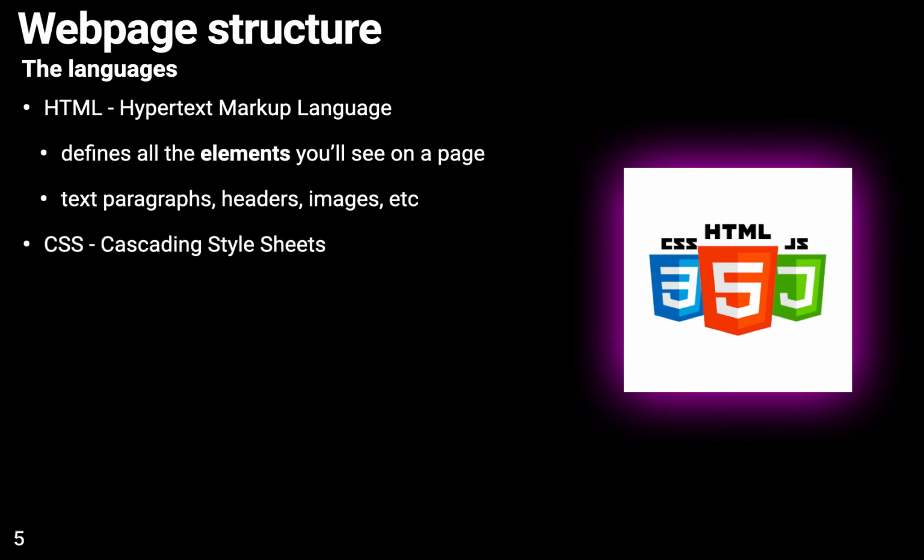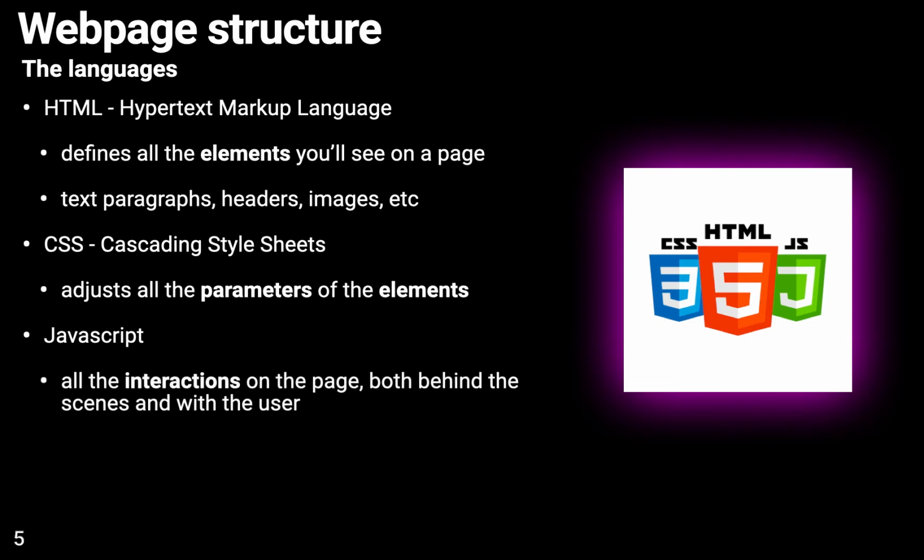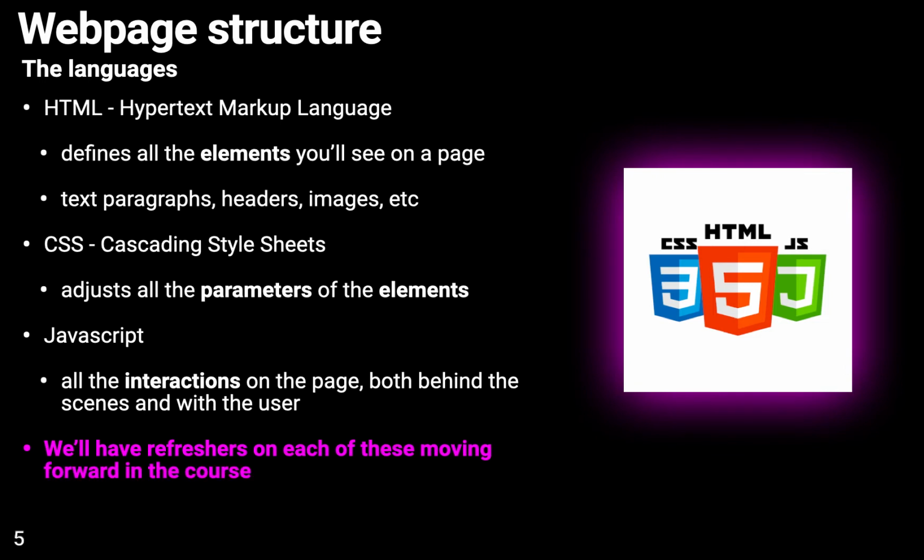CSS, which is the cascading style sheets, is how you adjust all the parameters of the elements and change how they look, how they are positioned, all that kind of stuff. And then finally, JavaScript, which is all of the interactions on the page, both behind the scenes and with the user. We're going to have refreshers on each of these moving forward into the course.